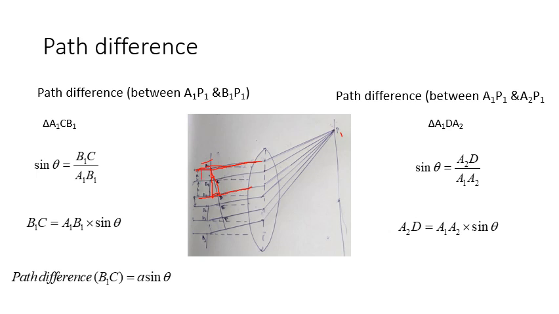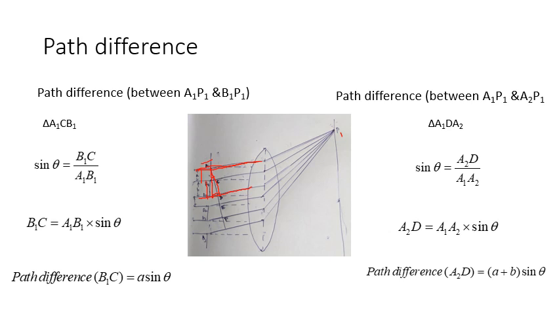So here we have a up to here, and here we have b. So a plus b is nothing but the A1A2 value. So A2D can be written as (a plus b) into sine theta. So this is the path difference between these two lines.